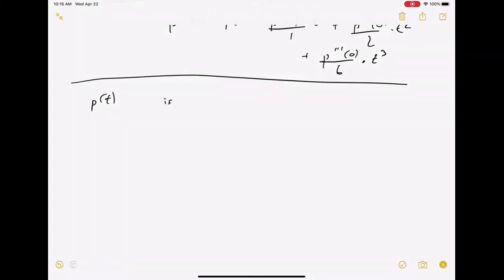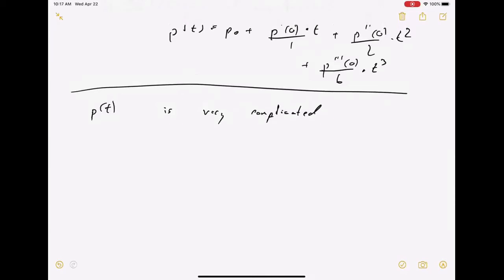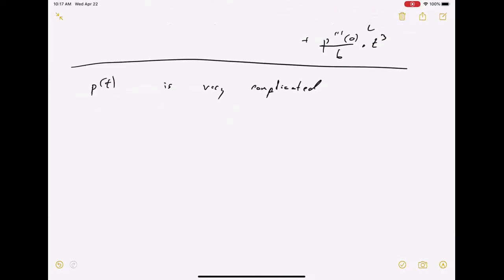Let's say p of t is very complicated. Maybe if we wrote it as a polynomial, it would go on forever, with an infinite amount of terms. Maybe it's got some true form that is super complicated. But how can we deal with that in our calculations on computers and calculators?